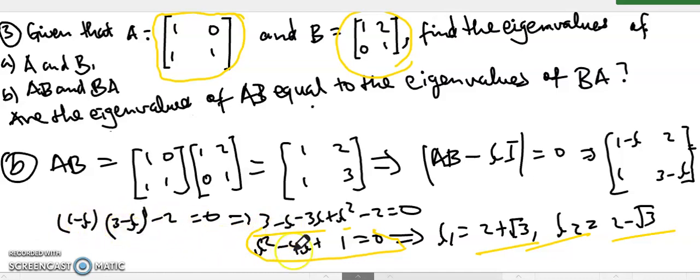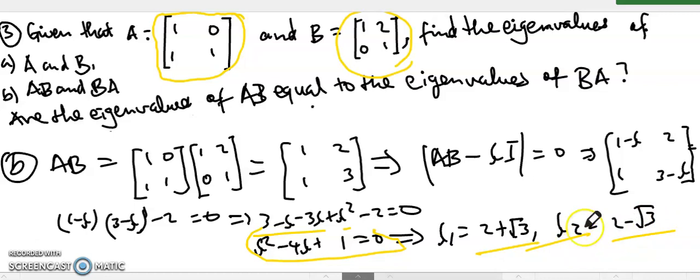Negative lambda times 3, you get negative 3 lambda, and then we have lambda squared, lambda times lambda, and minus 2, and that equals 0. If we reduce that equation, we simply have lambda squared minus 4 lambda plus 1 equals 0, which means that lambda 1 is 2 plus root 3, and lambda 2 is simply 2 minus root 3.